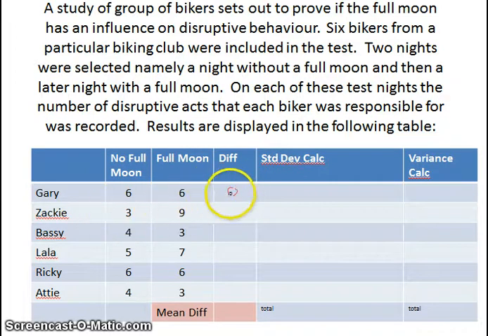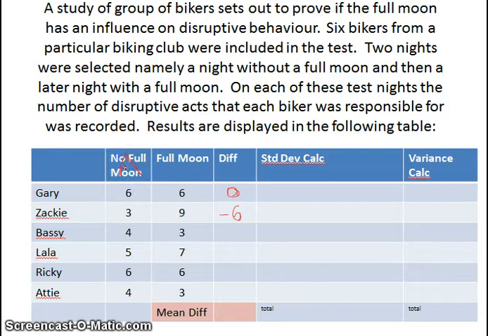For Zaki, the mean difference would be -6. And now it's critically important that you keep track of all of the incidents, because I'm going to write over this no full moon.